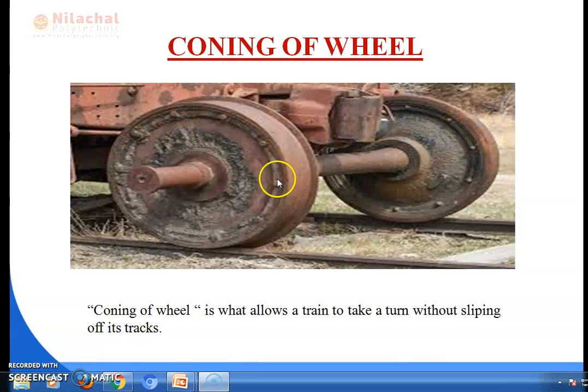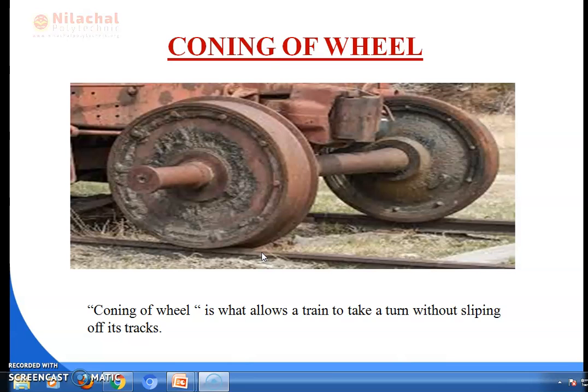See here, this image shows the wheel. What does it look like? A cone shape. So the surface of the wheel is made in a cone shape at an inclination or slope. The slope is 1 in 20, and the same slope is provided in the rail also. So this is known as coning of the wheel.